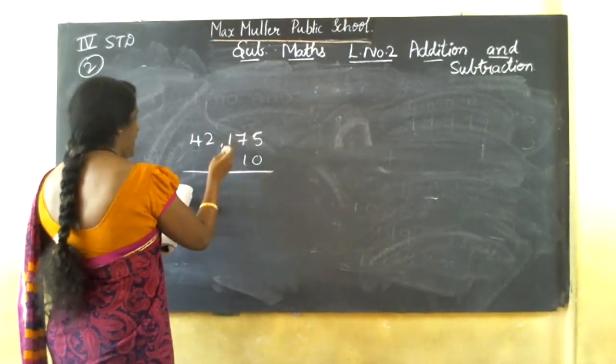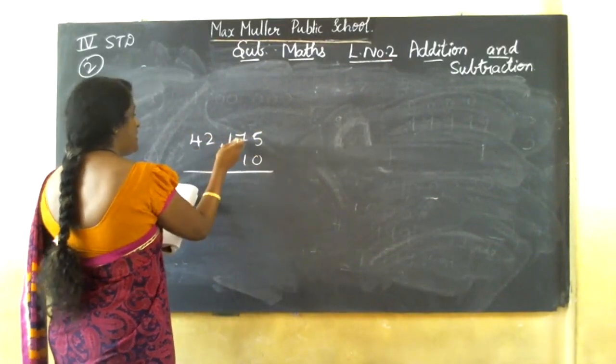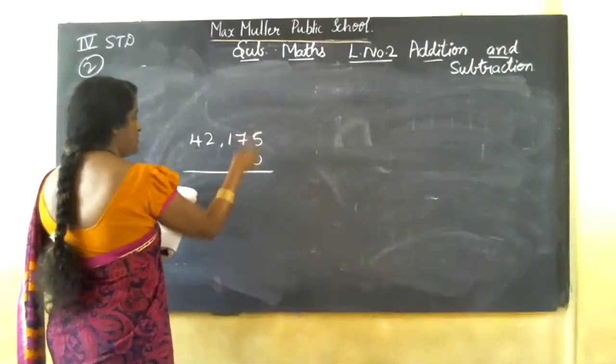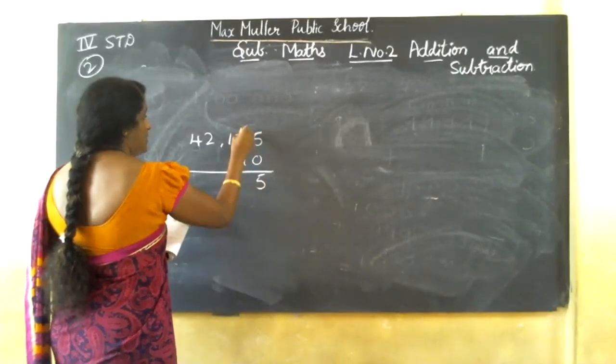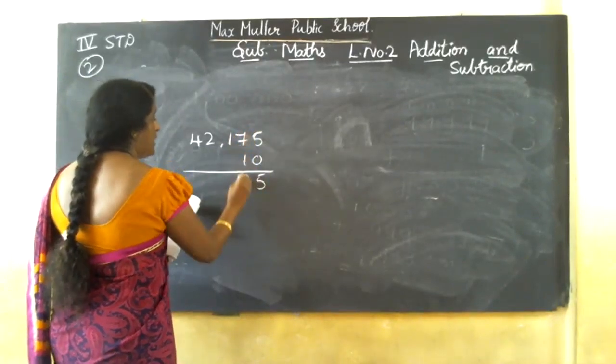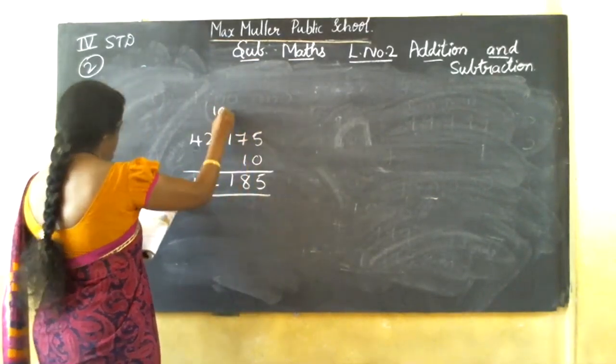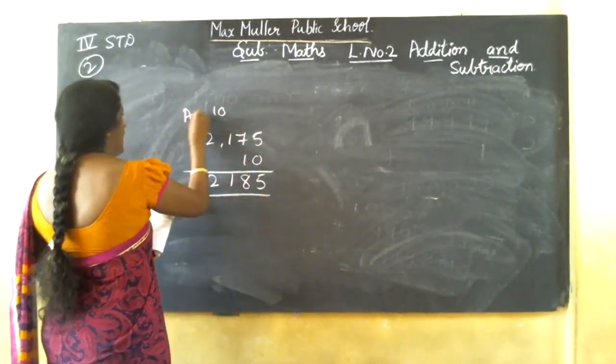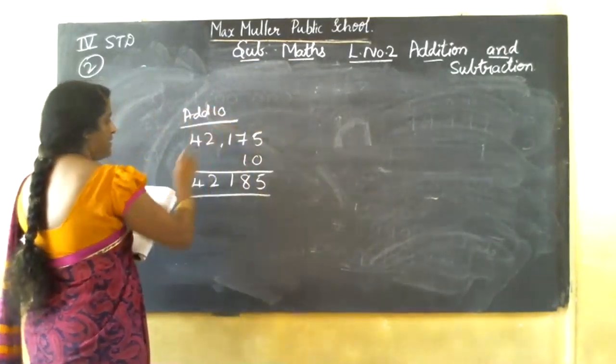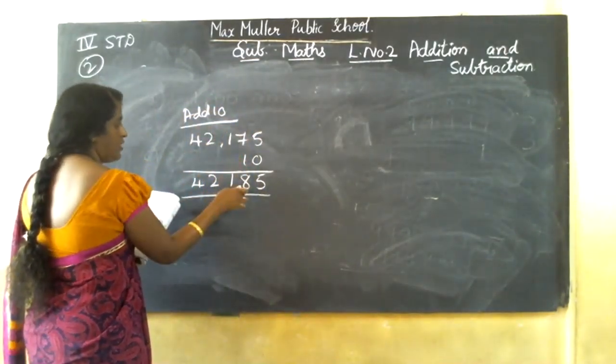When we add, the tens place will be increased, the other places will be the same. 7 plus 1, 8. If we add 10, only the tens place will be increased.